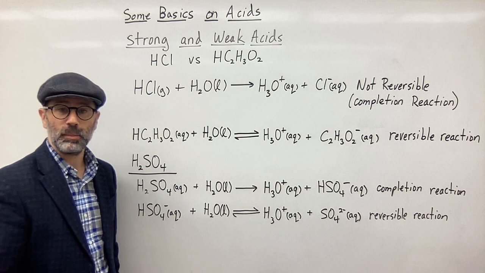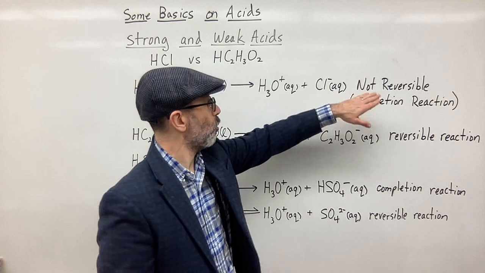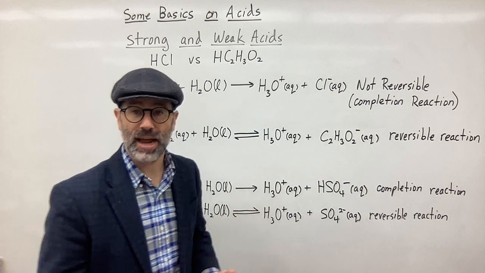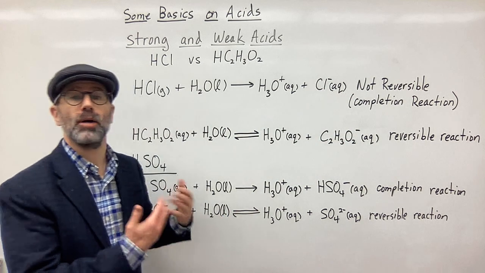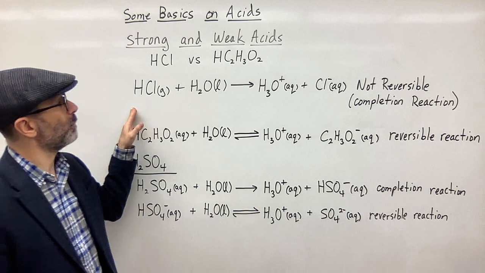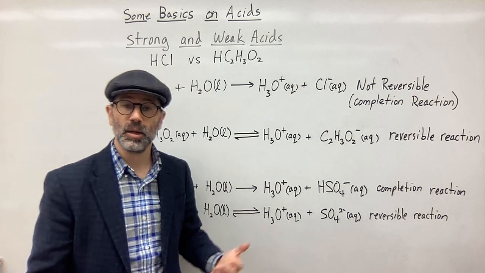It's not going to happen. So we call it a non-reversible reaction, or we also refer to this as a completion reaction. It goes to completion. It completely ionizes, so it completely goes in this direction.